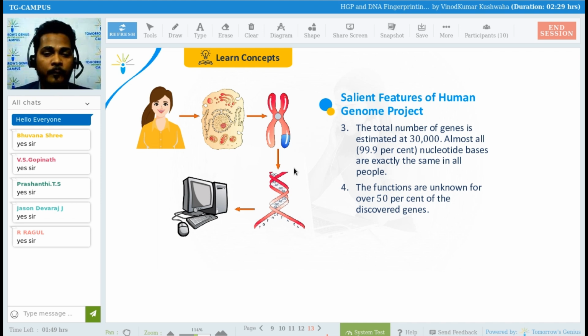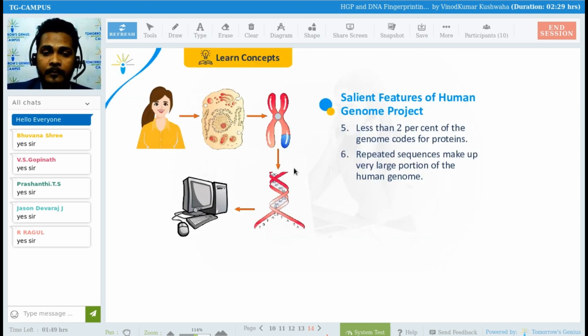The functions are unknown for over 50% of the discovered genes; only 50% of functions are known and the remaining 50% are still unknown. Then what is the role of that gene? Clear? Now the fifth salient feature is that less than 2% of the genome codes for proteins.